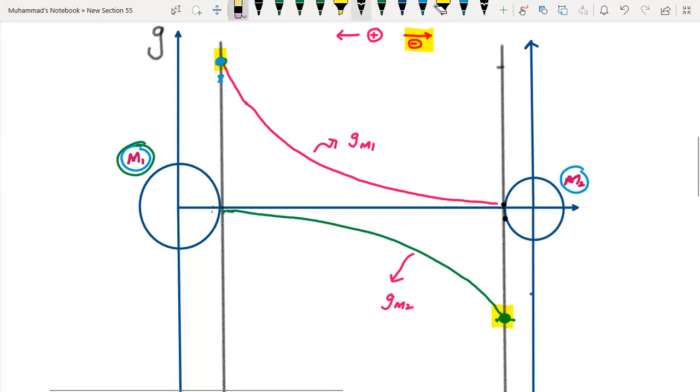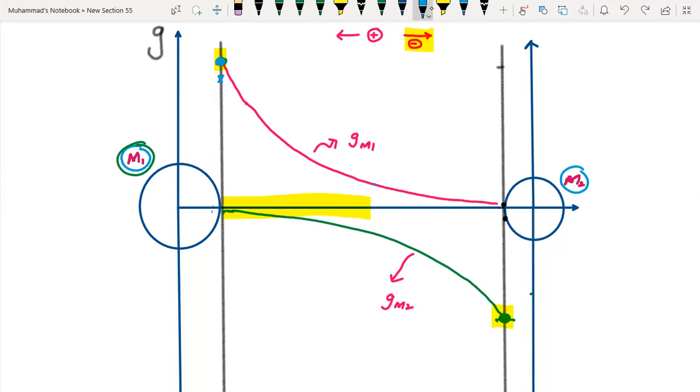As you move away from this mass, you can see there will be a point where these two values will be equal in magnitude. So over here, resultant will be 0. Positive value, negative value, they have equal magnitude. So when we add these two, we will get 0.